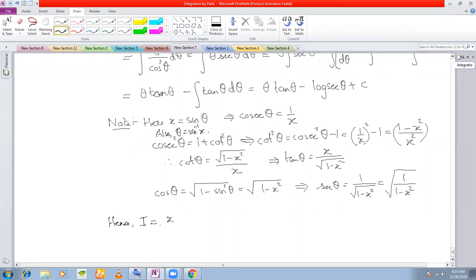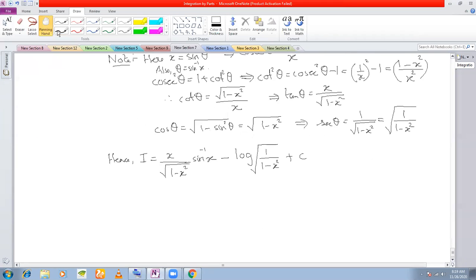So you can write here x by root 1 minus x square into sin inverse x, or x sin inverse x by root 1 minus x square, and then you can put the value of sec theta in the log sec. Sec theta here is root 1 by 1 minus x square, plus constant of integration.